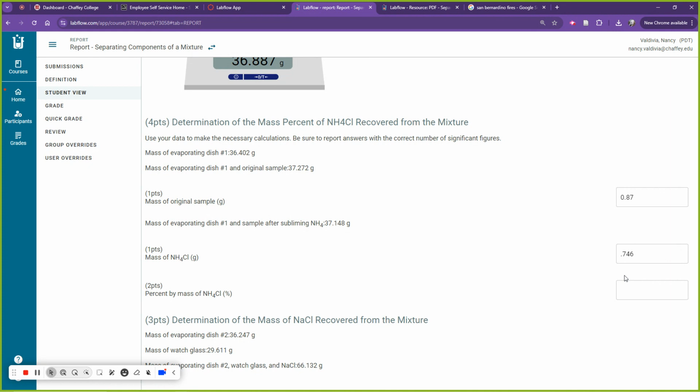I had a quick question. Do we need to purchase a specific calculator for this? No, you don't. A scientific calculator would be very helpful, but you could get away with not having one, but you just have to know how to manipulate your equations and kind of derive them yourself without a scientific calculator.